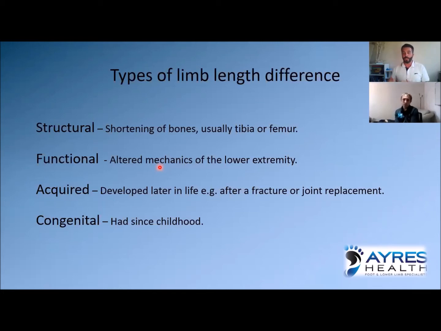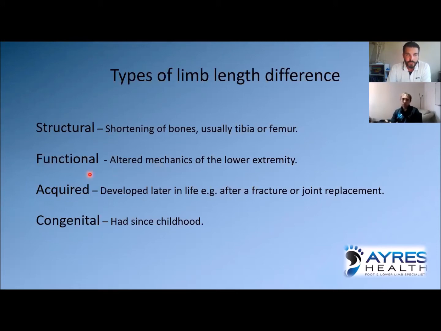They may also have weaker muscles on one side which prevent the leg from straightening out properly, or they may have had some sort of injury to the foot, which means that the foot pronates more on one side. So it's something to do with the mechanics of the body which is causing the limb to be shorter rather than an actual bony difference.